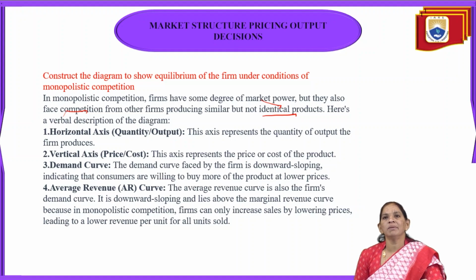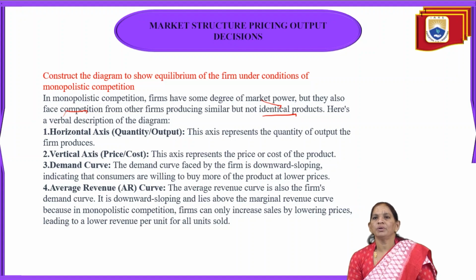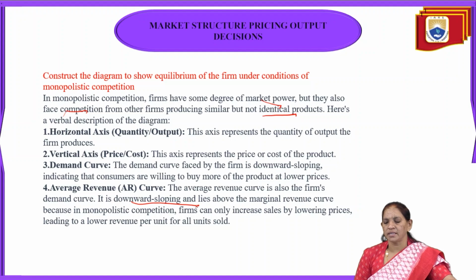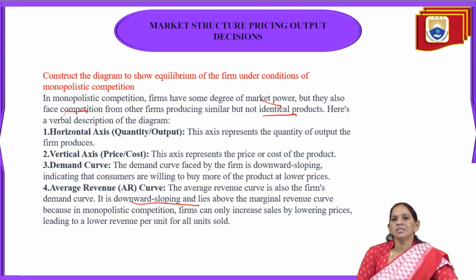As we know, the demand curve faces a downward slope, and the AR, average revenue curve, also slopes downward and lies above the marginal revenue curve, because in monopolistic competition firms can increase their sales only by reducing the price.